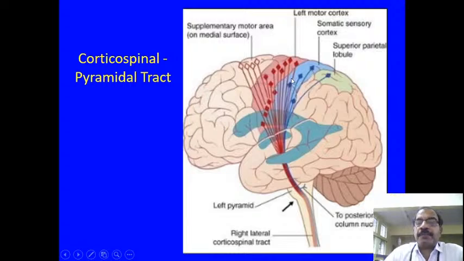They are present in the post-central parietal lobe also, and a few motor neurons are present in the supplementary or premotor area also. So these motor neurons are dispersed over multiple sites: the motor cortex, also part of the sensory cortex, and also part of the premotor area. And they constitute the motor pathway or pyramidal tract, which is responsible for motor innervation of various parts of the body.